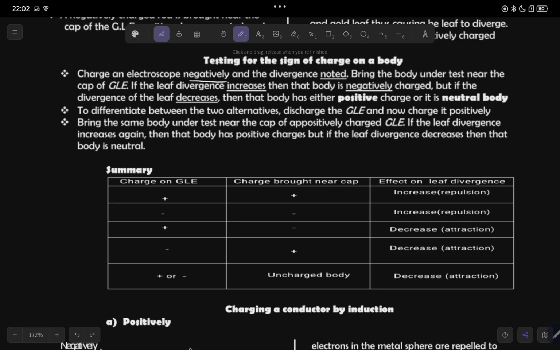If the leaf diverges or increases further, then the body is also negatively charged. Get me well.